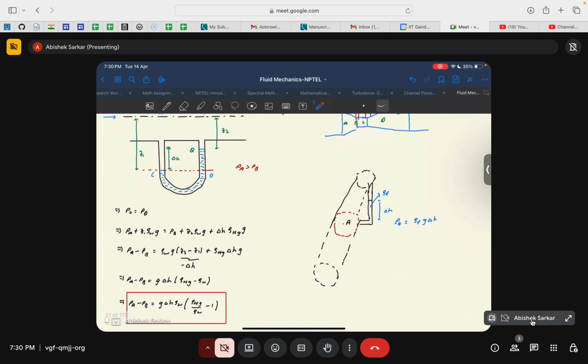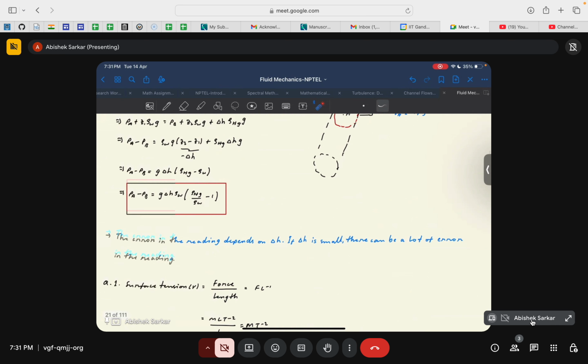It was basically the balance of pressure forces at the datum points. Given that the fluids at the datum are the same fluid, only then can you equate the pressure, and if the fluid varies, then this assumption fails. So then we need to go across the length of the fluid to find the pressure difference.